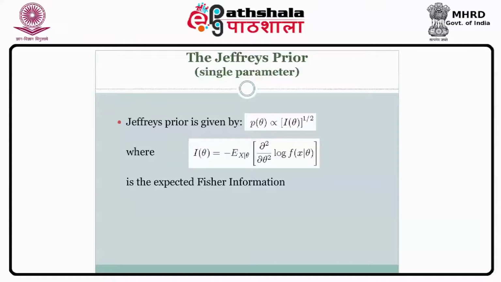Then we compute it for the binomial setup, and it comes out that in this case, where theta is a scalar, the Jeffreys prior, the determinant of I theta to the power half, is really theta to the power minus half times 1 minus theta to the power minus half. So this is basically a beta density with parameters half and half. The conclusion is that the Jeffreys prior for the binomial distribution is proportional to beta half half.